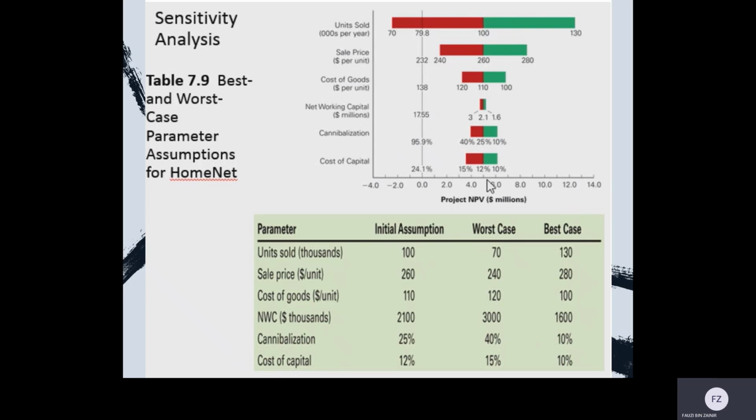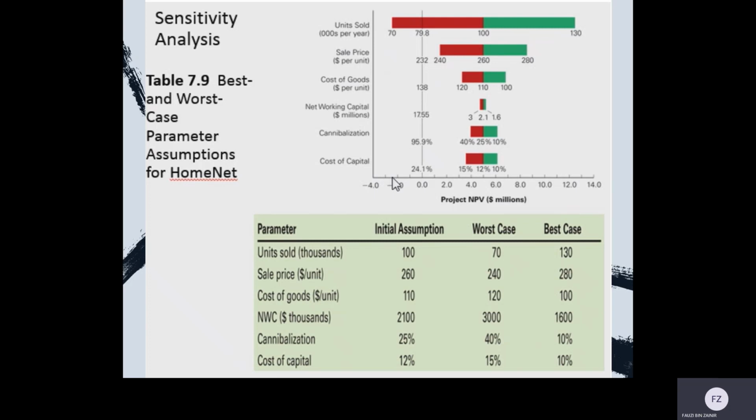With 100,000, we are going to have an NPV of somewhere around 5.2 million based on our previous spreadsheet. And then in the worst case scenario, if it goes to 70,000, we are going to have something around minus 2 million NPV.